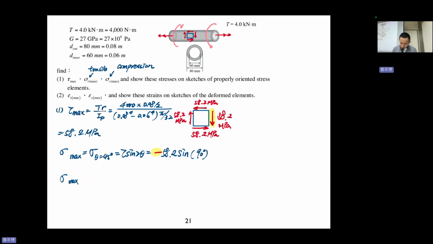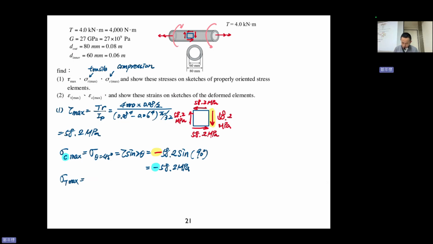Okay, so it becomes minus 58.2 MPa. You see this is a minus, right? So I can say this is compression. Actually I didn't know whether this one is compression or tensile, but after we did the calculation, we know this is minus, so this is compression. So the other must be tensile, right? Tensile.